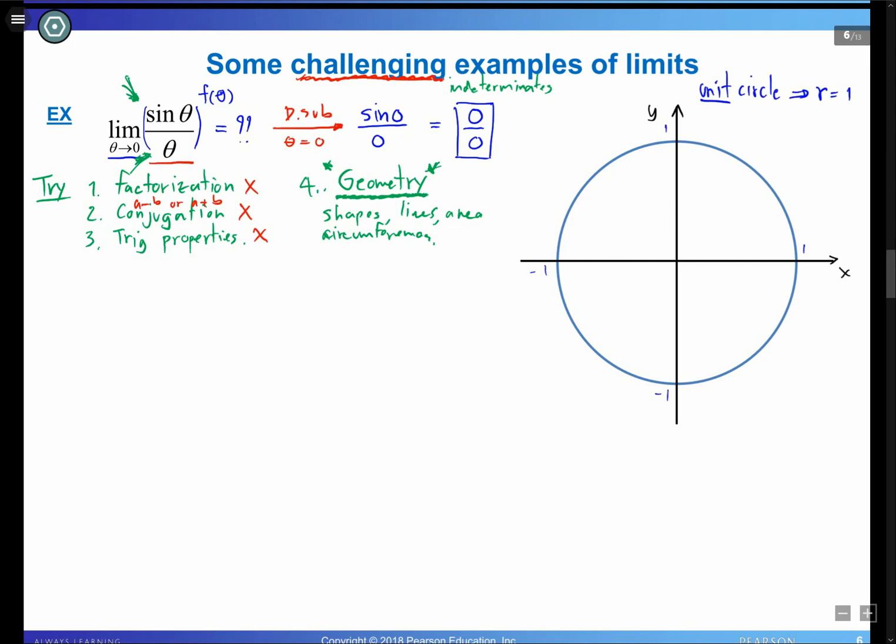Let's take a look here. So first of all, I'm going to do something with this unit circle. I'm going to create a slice inside it. Let's say the angle inside this slice is theta, like a slice of pizza right here. So we are going to play with this slice.